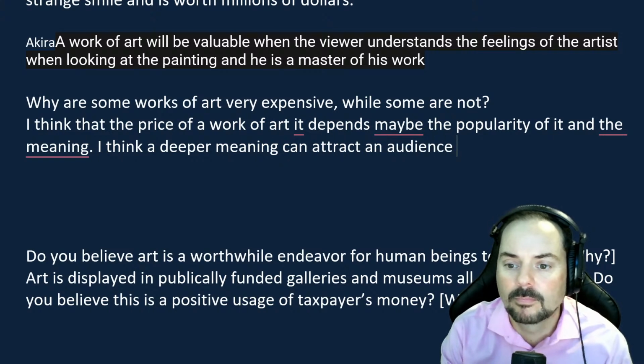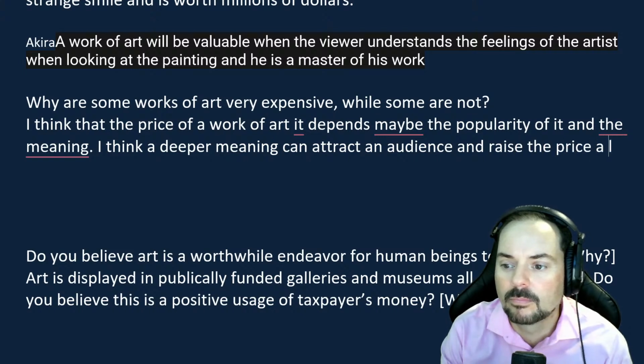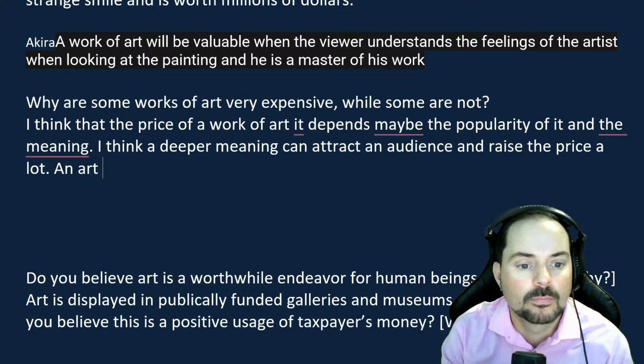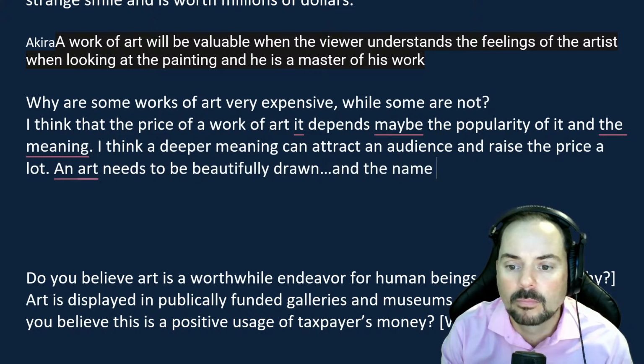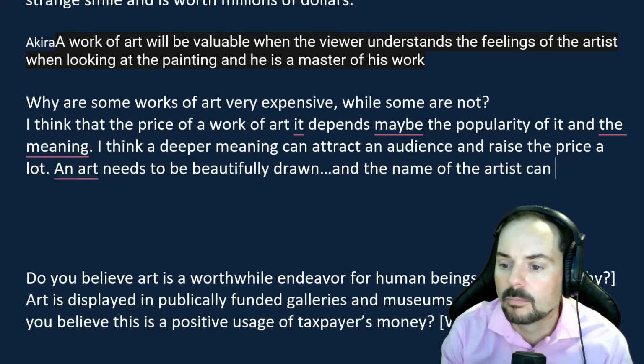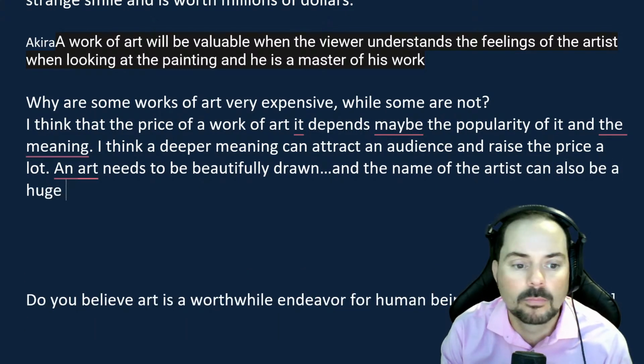Art also needs to be beautifully drawn so it can attract lots of audience, and the name of the artist can also be a huge factor in the importance of the piece of art.